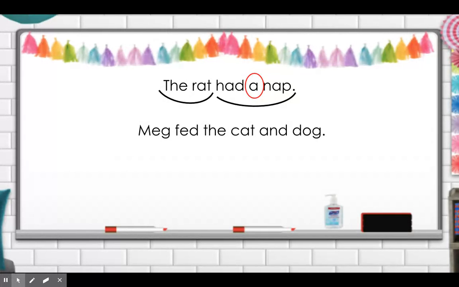Can you find the trick word and circle it in red? Hint, there might be more than one. So you should be circling the and and. Now I want you to scoop for expression. Does yours match mine? Meg fed the cat and dog. Please read that sentence to a parent.